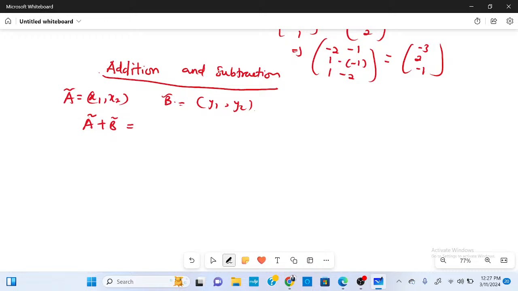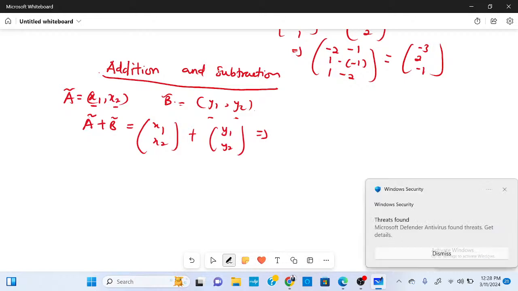So you add your respective x values and your respective y values. I'm going to have my x1, x2 here plus my y1, y2 here. To sum two vectors is very simple. Just sum the respective components of the vector.